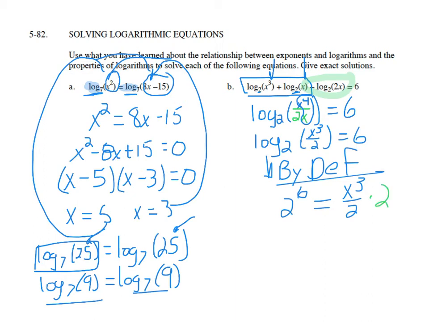Multiply both sides by 2. I have 2 to the 7th power, which is, well, 2 to the 6th times 2, or 2 to the 7th power, which is 128, equaling x cubed. And now I'm going to raise both sides to the 1/3 power.